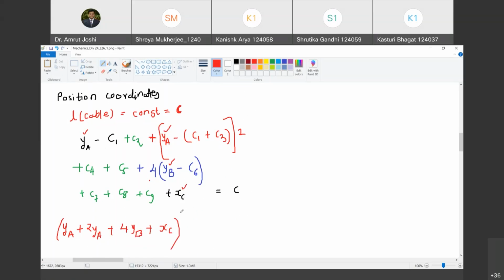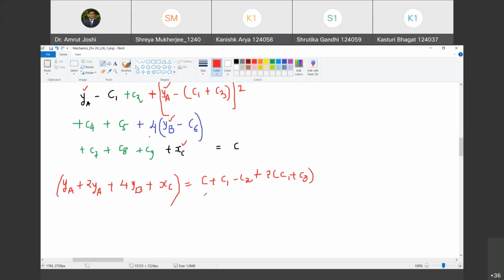Happy? Yes, sir. Now we have to consider constant terms, and we have to take those constant terms on right hand side. So this minus c1 goes on right hand side, becomes plus c1. Happy? Yes, sir. This plus c2 goes on other side, becomes minus c2. What happens to this 2 times c1 plus c3? It is negative here. On other side, it goes and becomes positive. Agreed? Yes, sir.